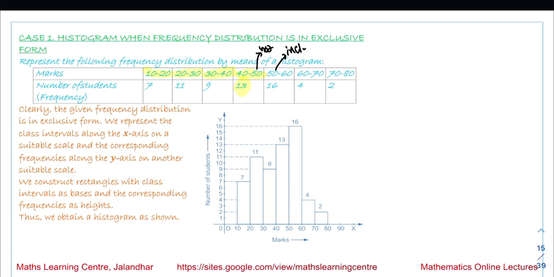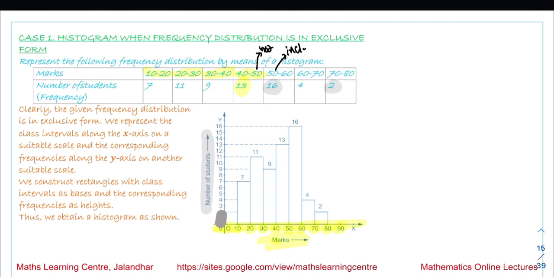We have marked these points on the x-axis, starting at 0, then 10, 20, 30, 40, 50, 60, 70, 80 and 90. These represent the marks obtained. Then on the y-axis, we have the number of students, where the minimum frequency is 2 and the maximum is 16.